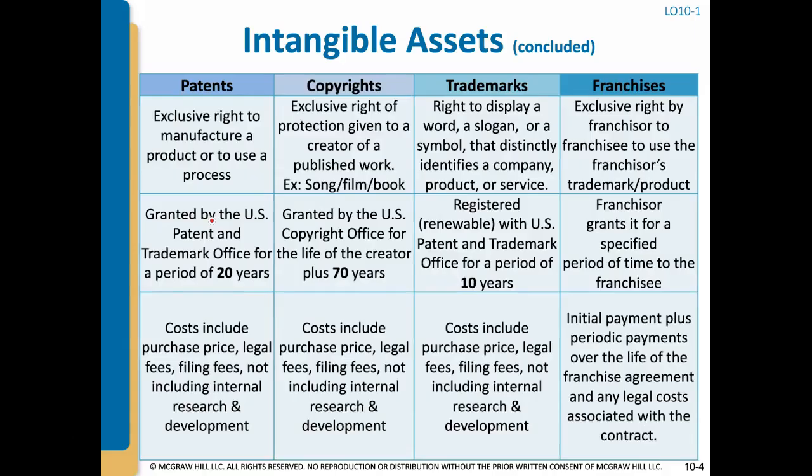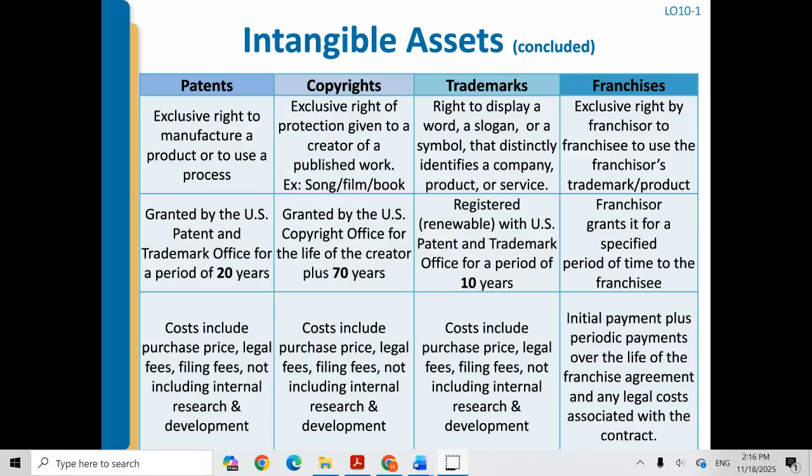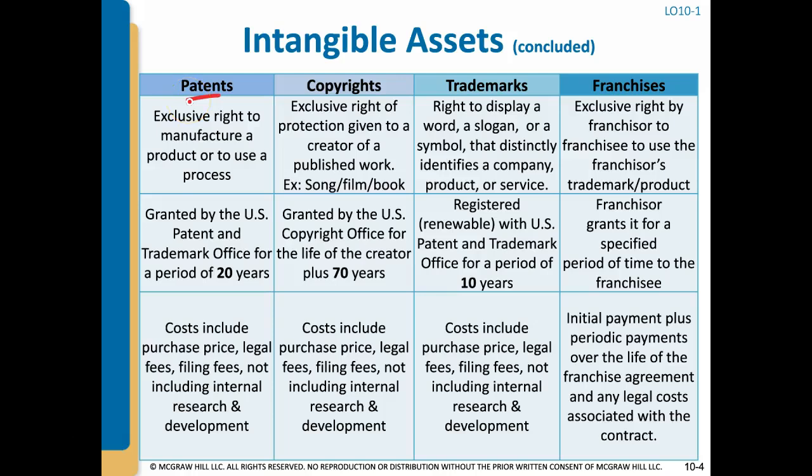Here are some of the more common intangible assets, and I will go through some of them. So a patent is an exclusive right to manufacture a product or use a process. I briefly mentioned Pfizer developing the COVID-19 vaccine.